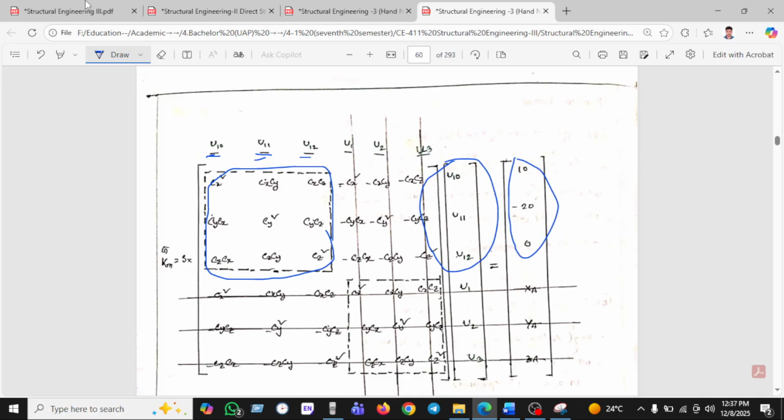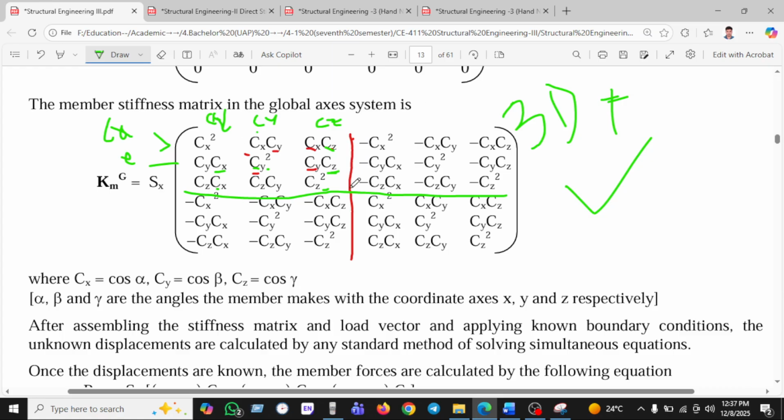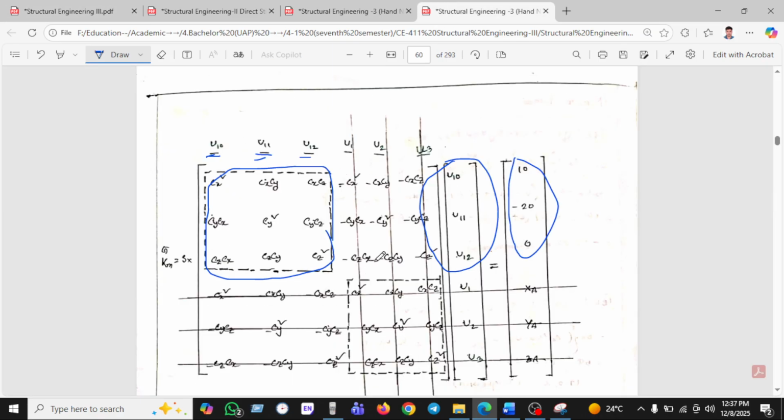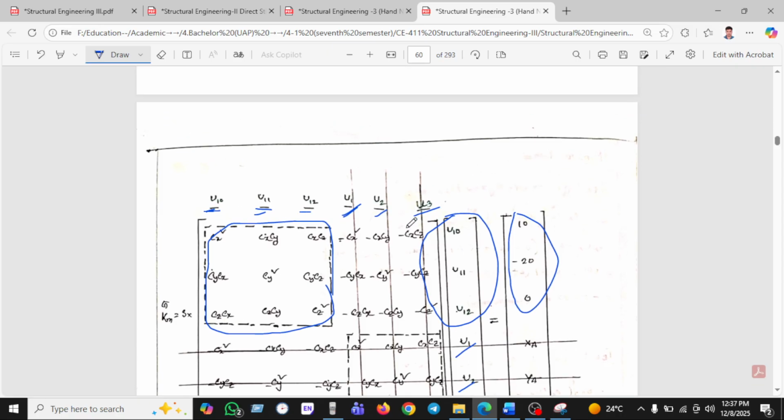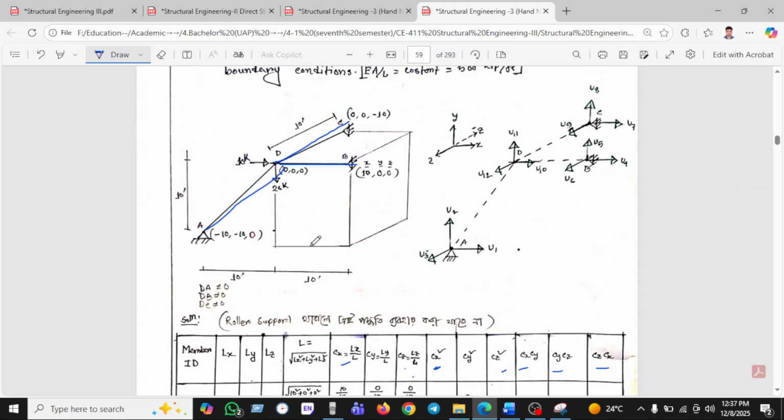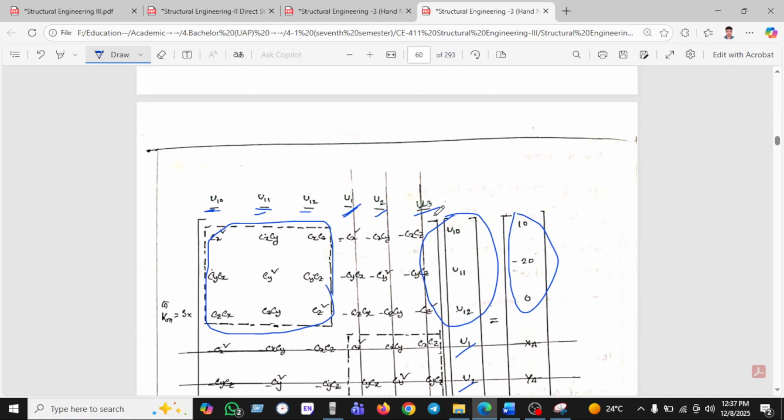As we have been shown, these are the equations, but we cancel out the rest just because this is a pin support, this pin support, this pin support. If we go here, 1, 2, 3 are the pin support, that's why this will be cancelled out.